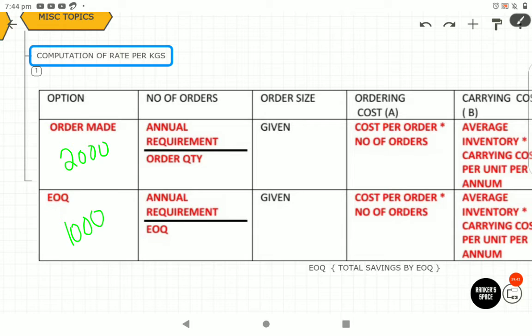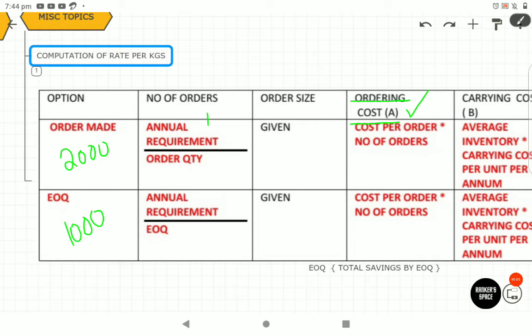So all of these, the annual requirement and order cost, will be given in the question. First you have to find out the number of orders. Why? Because ordering cost is based on a per order basis, right? So this data will be useful here. Cost per order will already be given in the question. Number of orders is annual requirement divided by order quantity.